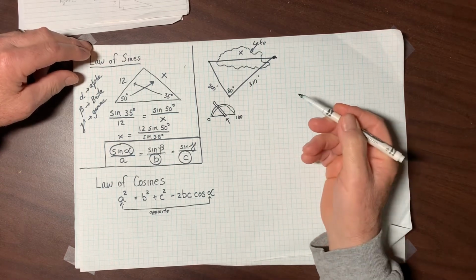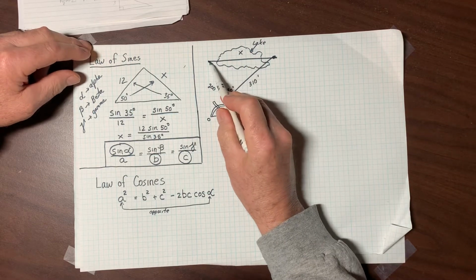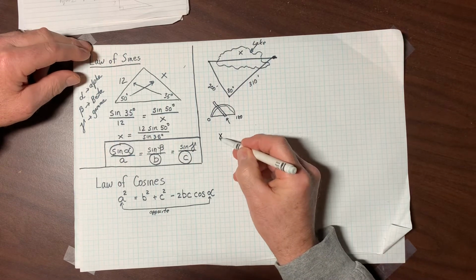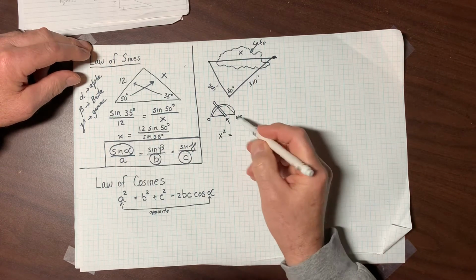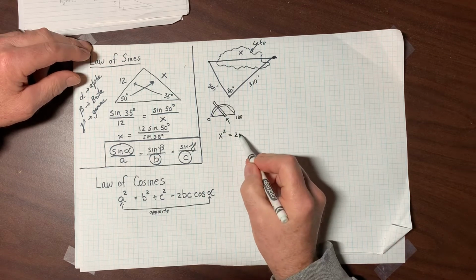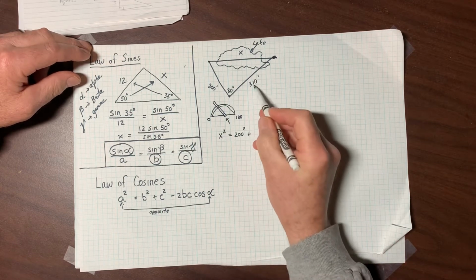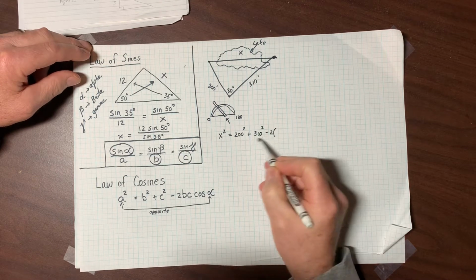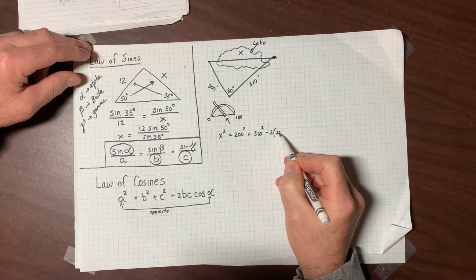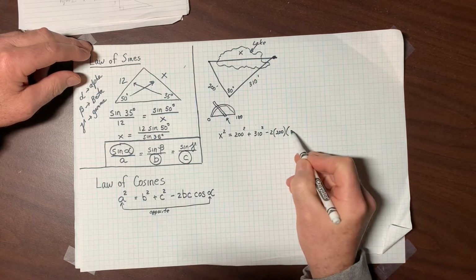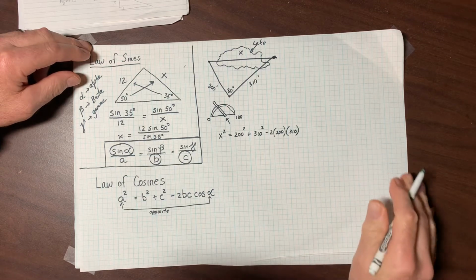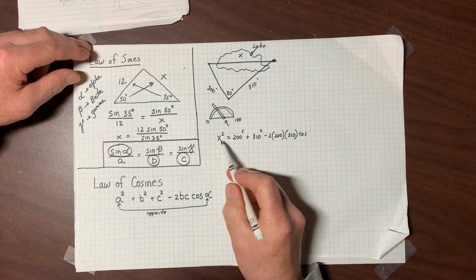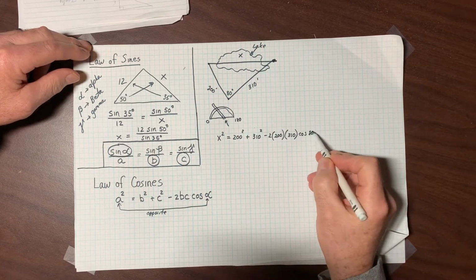So you would now use the law of cosines to find the distance from this point to this point. You would simply say that x squared is equal to this side squared plus this side squared minus 2 times 200 times 310 times the cosine of the angle that's opposite that side, which would be the 80-degree angle.